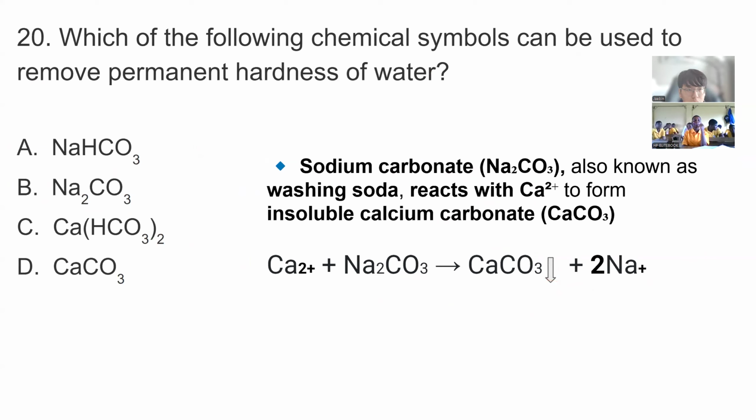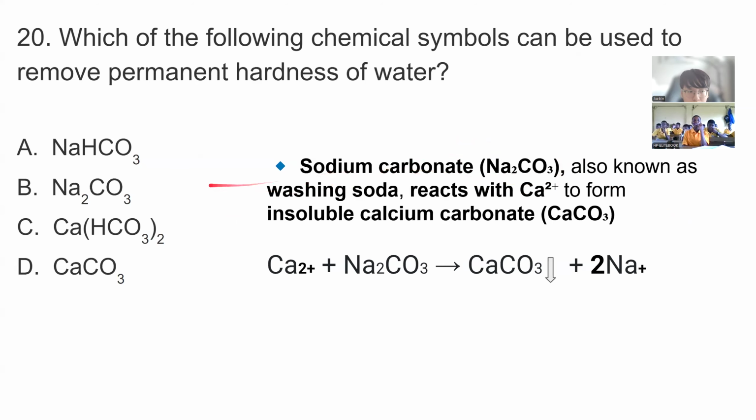So question 20. Which of the following chemical symbols can be used to remove permanent hardness in water? B. Yes, it's Na2CO3.